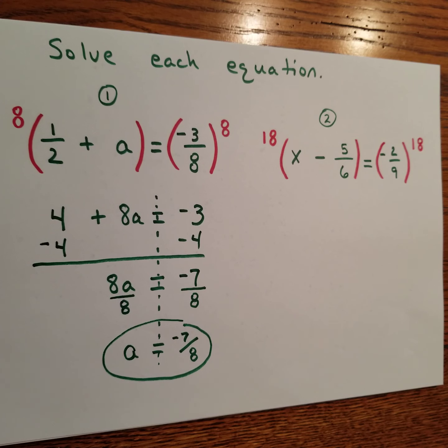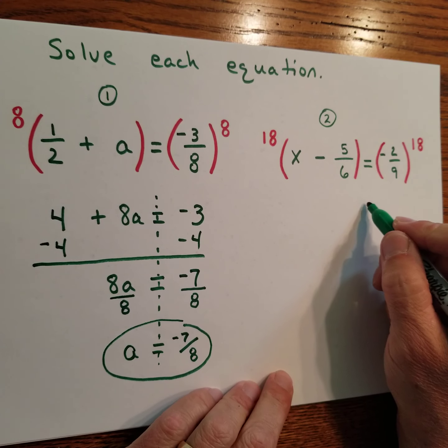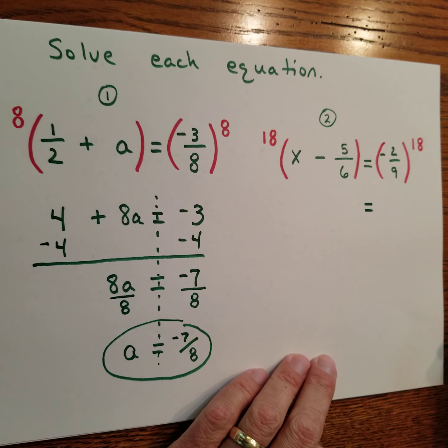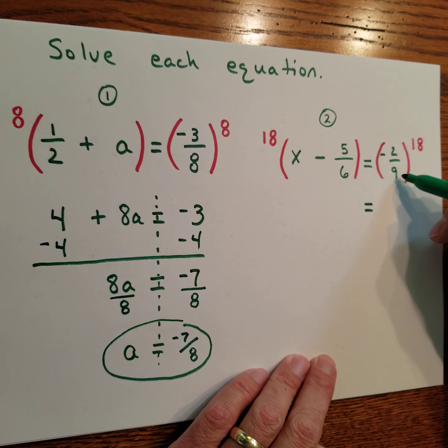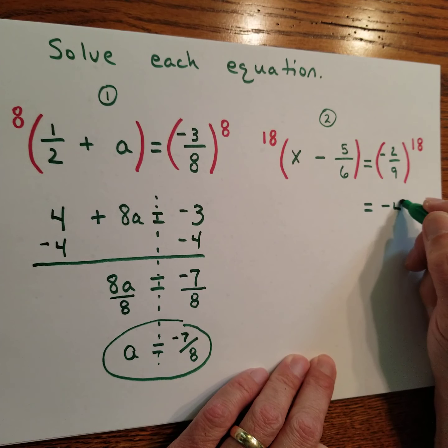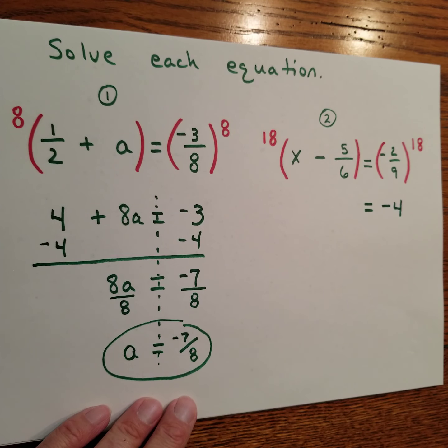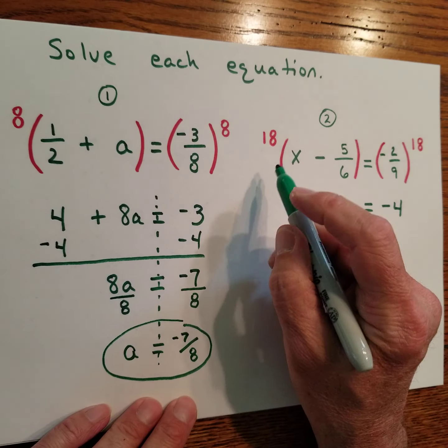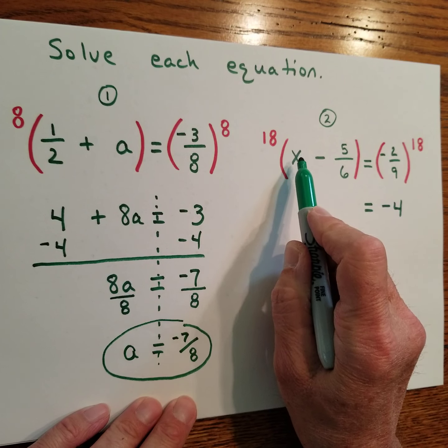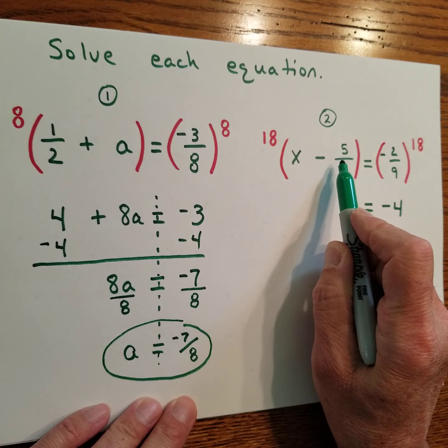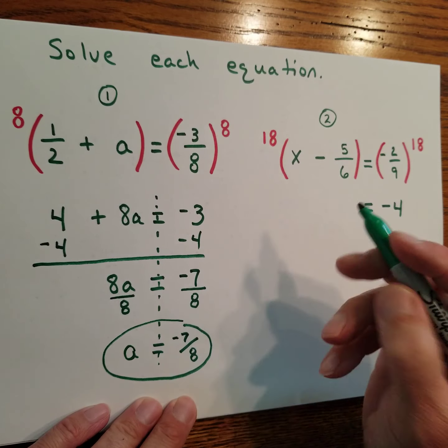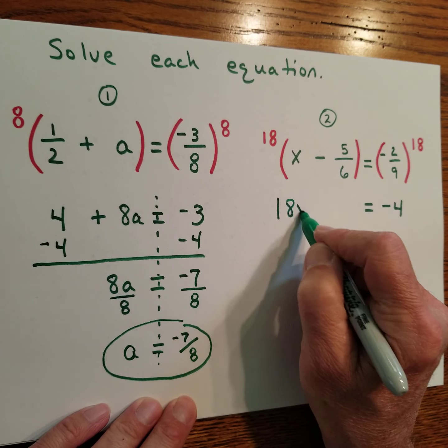All right, let's use our trick. On this side, how many times does 9 go into 18? 2. 2 times -2 is -4. On this side, I'll distribute. 18 times x, 18 times the fraction. 18 times x just looks like 18x.